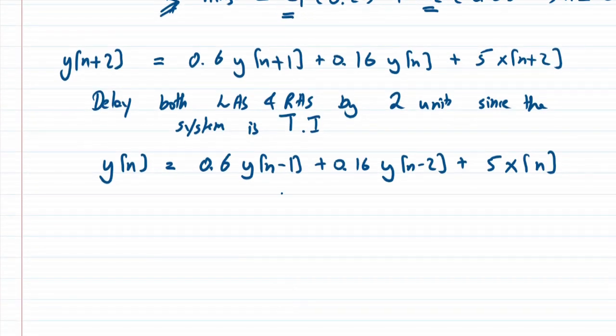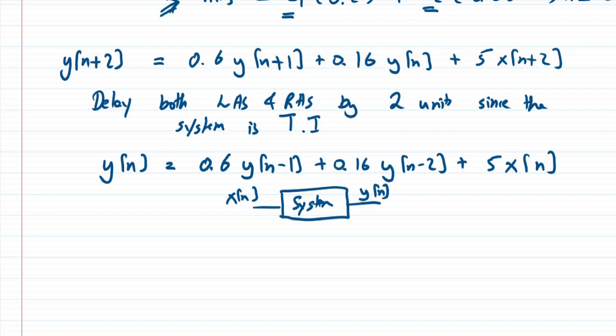We know that in a given system we have an input x of n and the output is simply y of n. So if the input is the delta function, that is delta of n, then the output would be the impulse response, which is h of n.